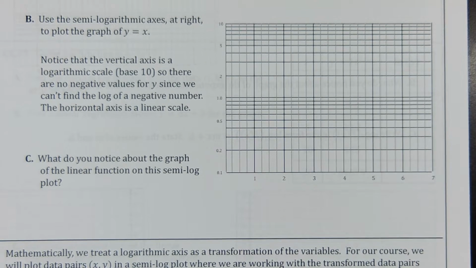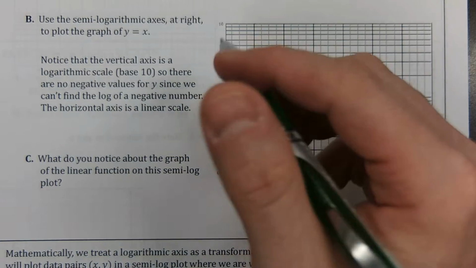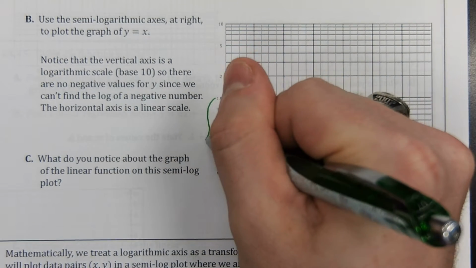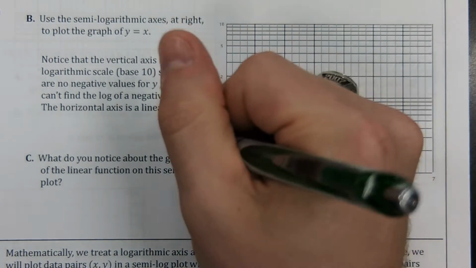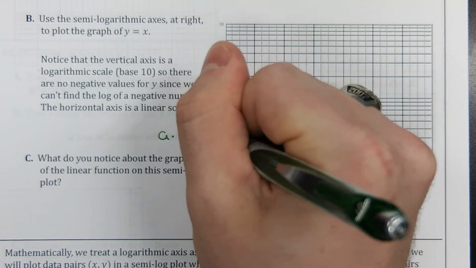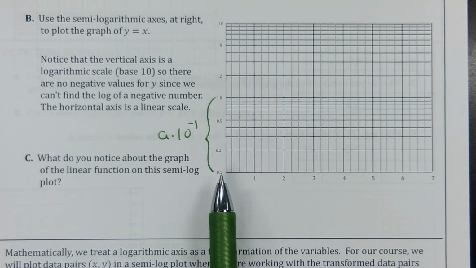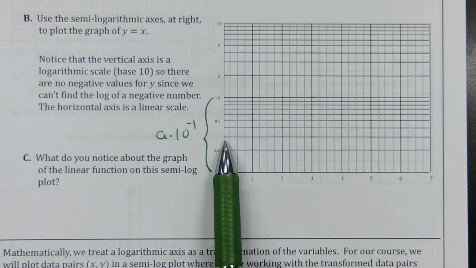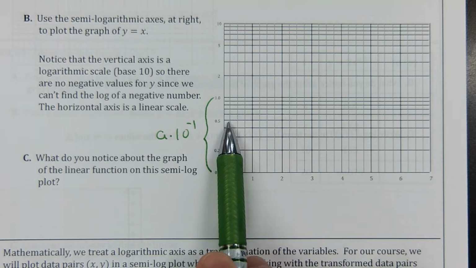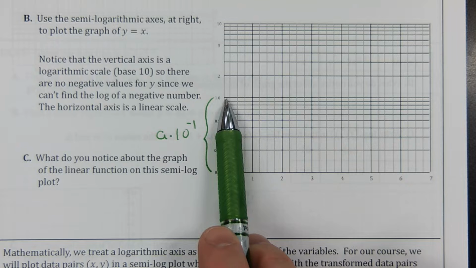What you're supposed to be seeing is that the closer we get to a power of 10, the more compressed the data becomes. From here to here are all multiples of 10 to the negative 1. Here's 1 times 10 to the negative 1, 2 times 10 to the negative 1, 3 times 10 to the negative 1. That's 5 times 10 to the negative 1.